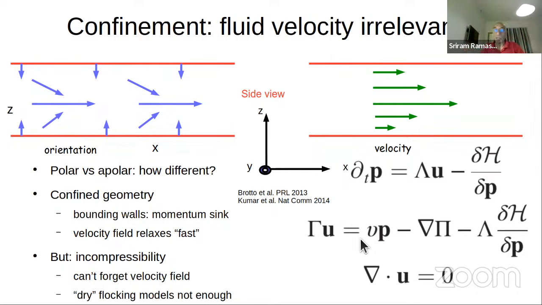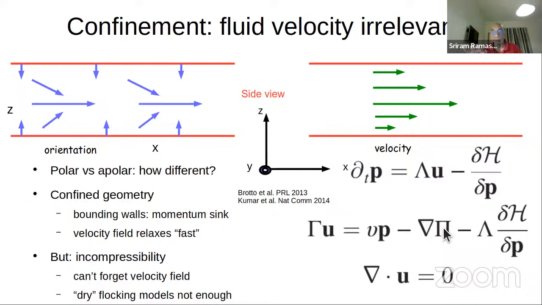So the coupled dynamics of the orientation and flow in a confined active fluid film is actually super simple. It's dP by dt goes as U with some elastic modification, and rho dU over dt plus damping gamma U goes as P plus elastic forces, with one important additional feature.